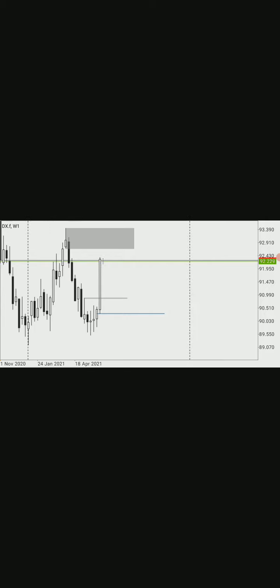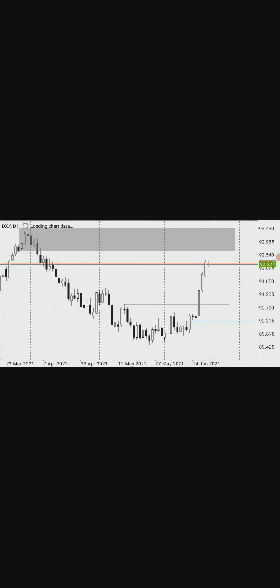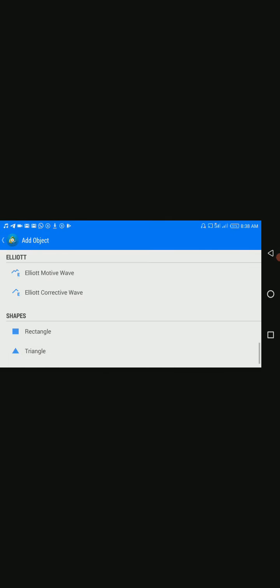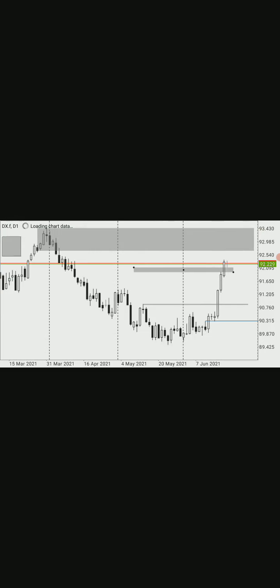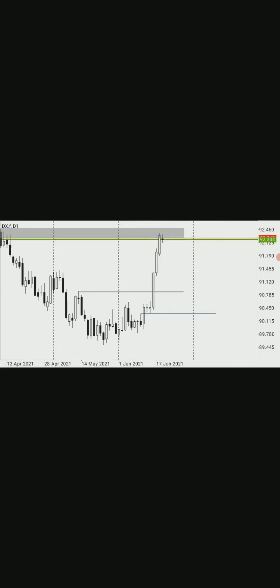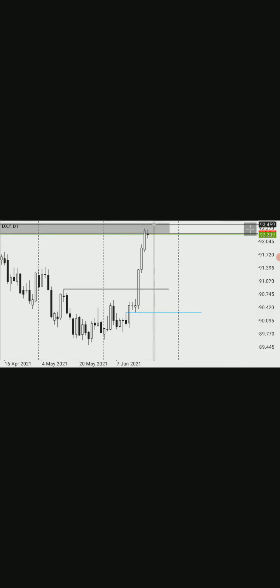Let's look at it from the daily. If we don't see a rejection at this particular point, maybe the market rejects, then pulls back a little bit, closing out this fair value gap that's left here, or coming down to this.